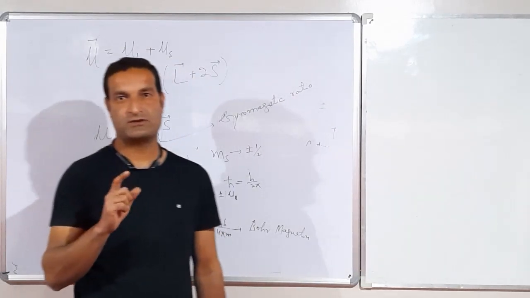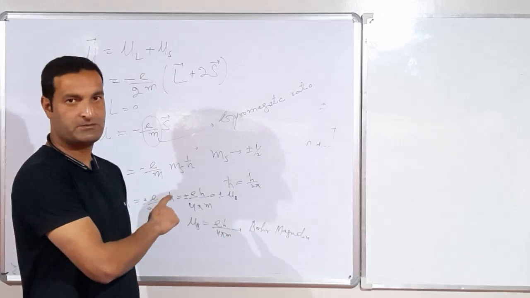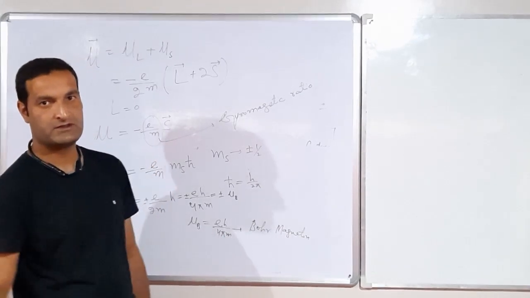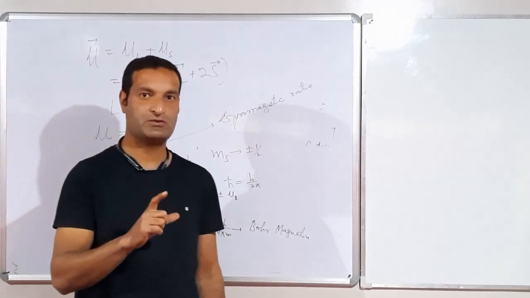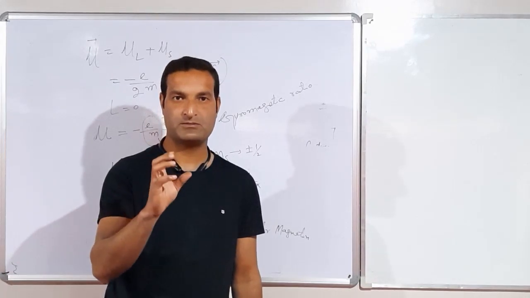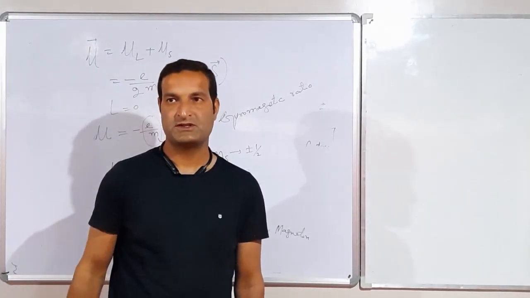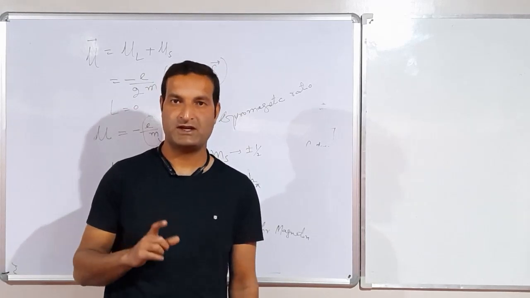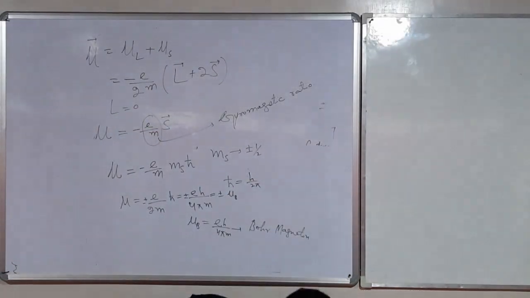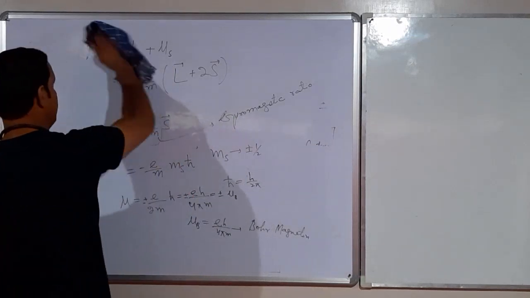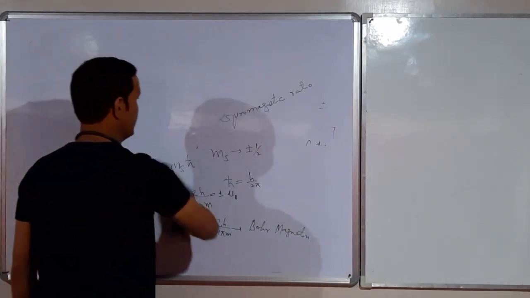Even though the neutron has zero charge, there is a spin motion. They are spinning about their own axis, due to which magnetic moments will arise.